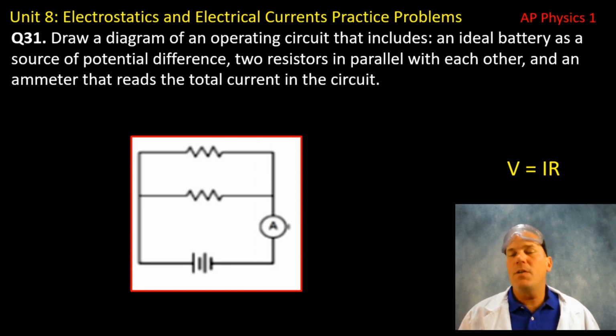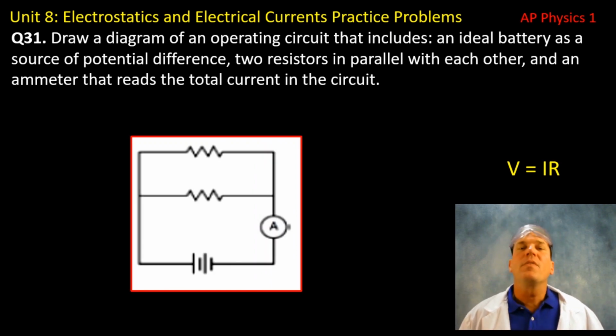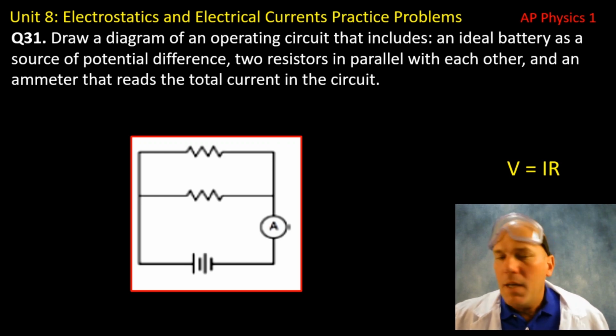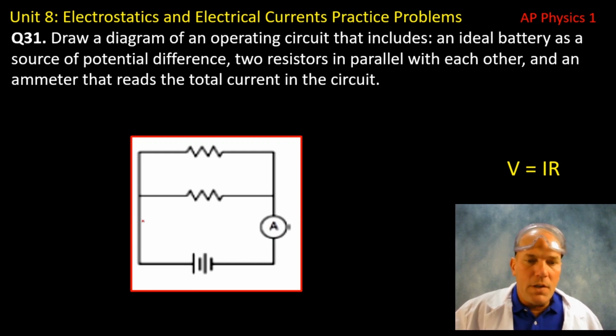And then let's go ahead and put our ammeter in a location that would measure the total current. And so here's one possibility. Here is another possibility. Okay, anywhere between these two, we're going to have the total current.